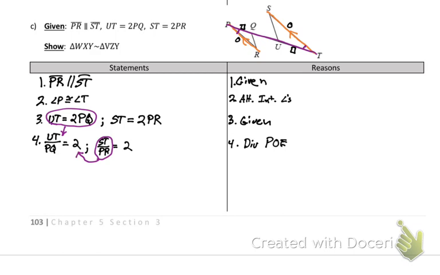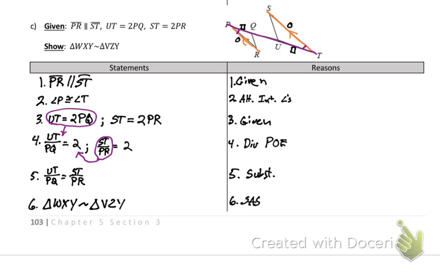So I can use substitution to say, step 5, UT over PQ equals ST over PR. That would be substitution. And you are now done. I have side, angle, side. I proved two sides are proportional, that we're flanking that angle. So our end answer is going to be those two triangles are in fact congruent. Or not congruent, but similar. So triangle WXY is similar to triangle ZY, and that's going to be by side, angle, side.